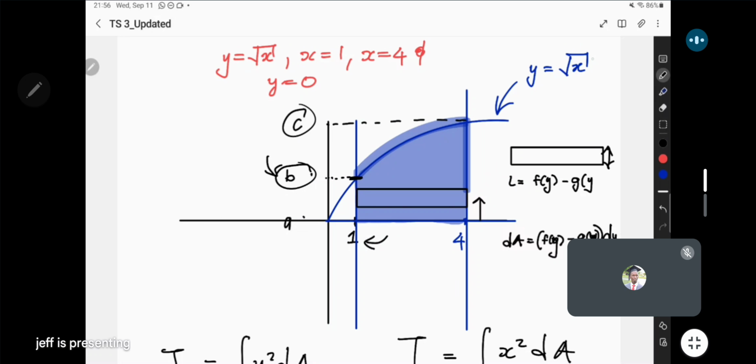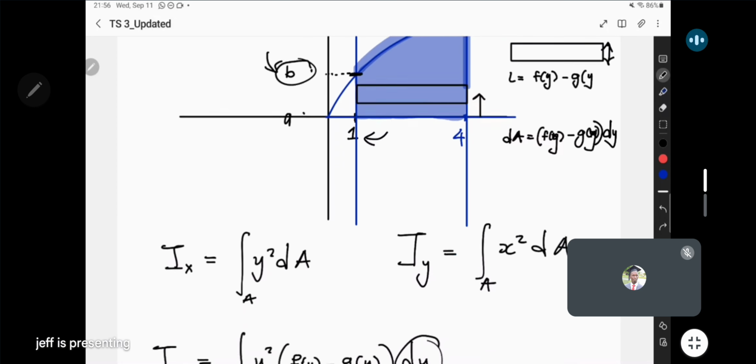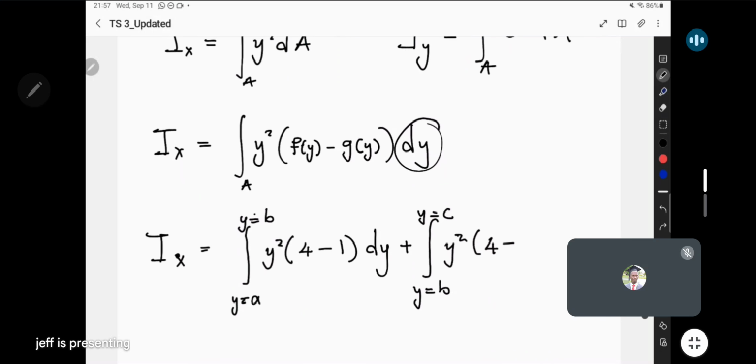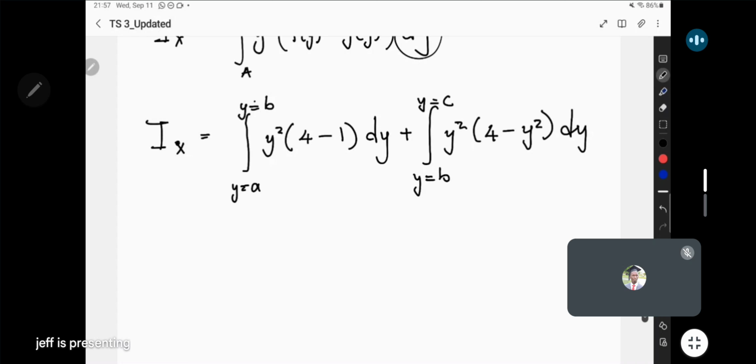So I need to make x the subject of the formula here. And this would reduce to x is equal to y squared when I square both sides. So in other words, where there is g of x, the leftmost function, it's x is equal to y squared. So here I'll put y squared and then dy. So this is what I have to integrate.